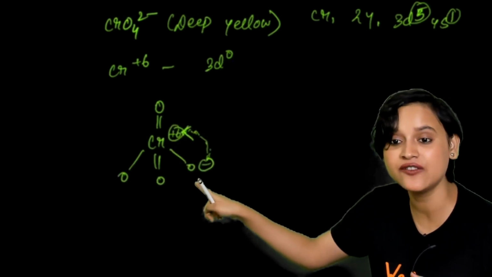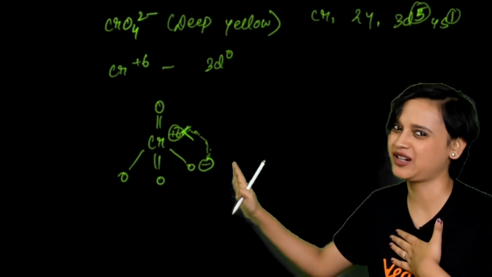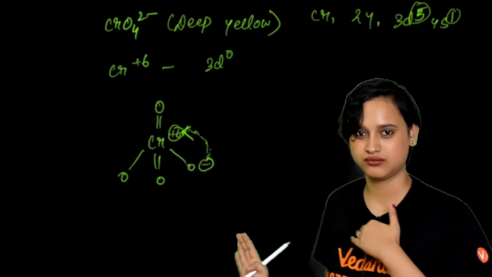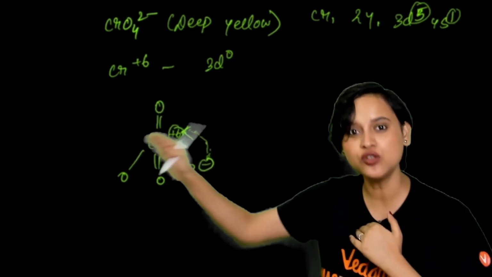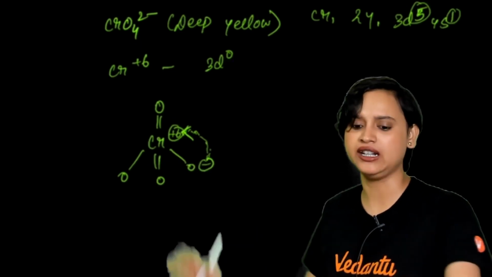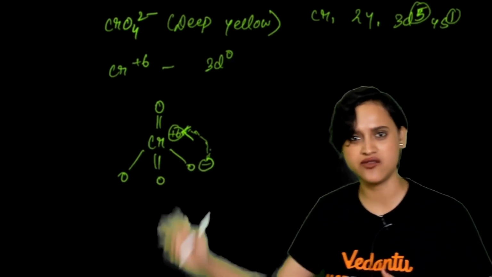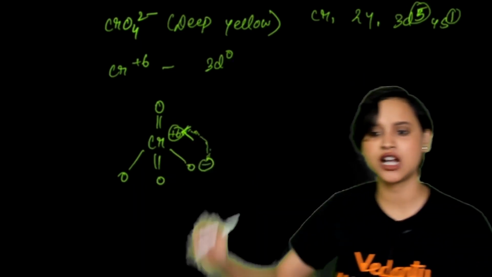So this negative charge is like, oh, let me be the bigger person, I will donate. It will try to transfer it. It's like, lele bhai, take it from me, you don't have anything anyway. You are at 3d0, you take some charge from me.